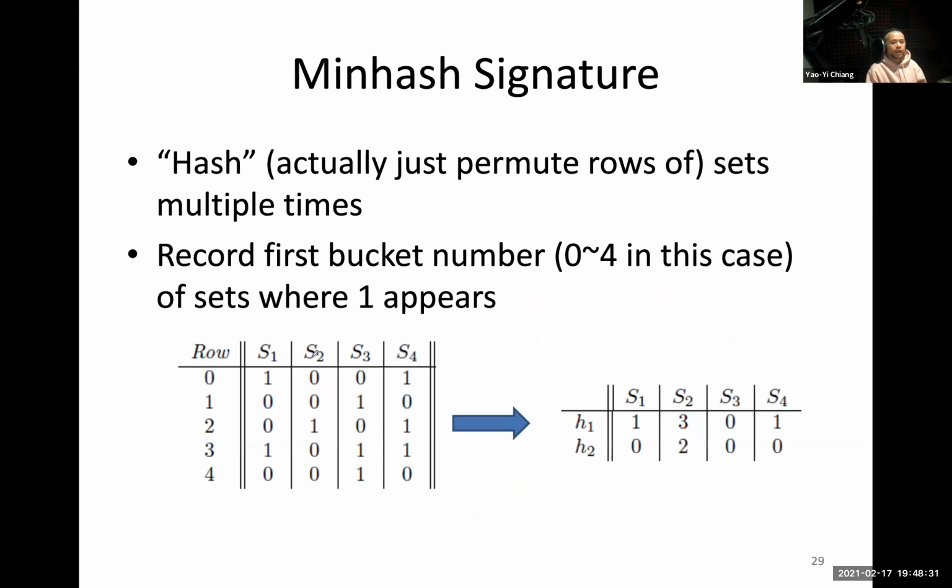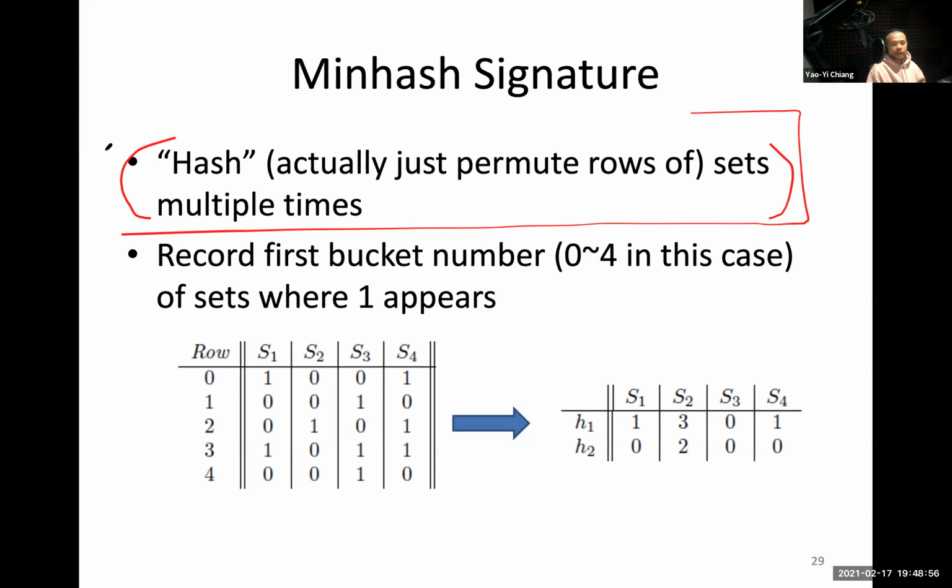So in general, we are going to hash. Although we just proved that the probability of two signatures being the same is the same as your Jaccard similarity, shrinking the entire 14 million columns into one signature is not going to work. A good way to do this is we still hash it, but we hash it many, many times.